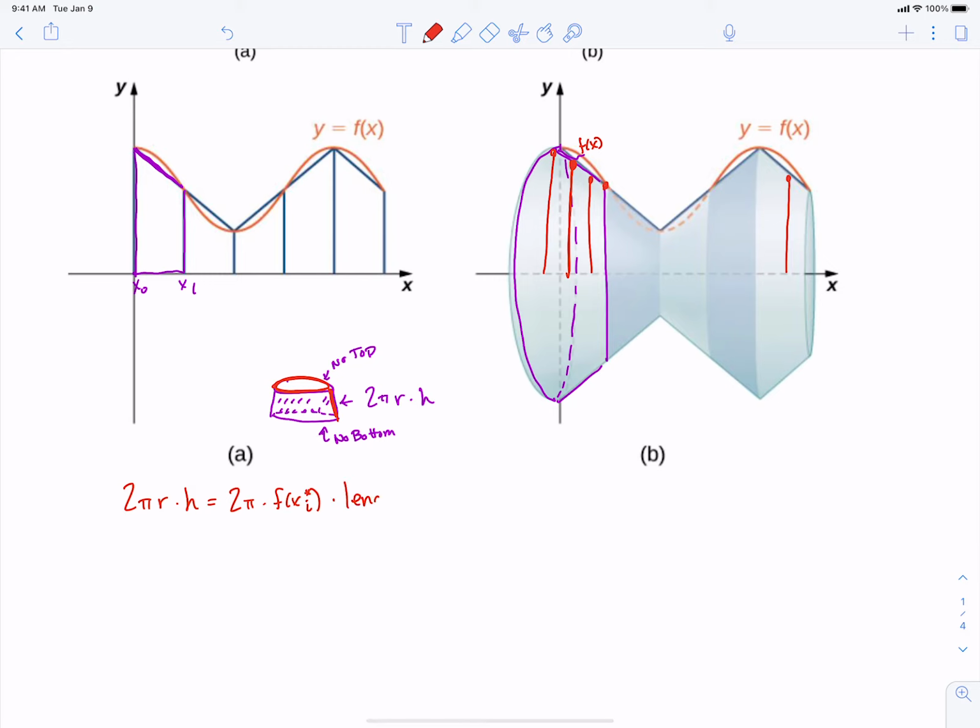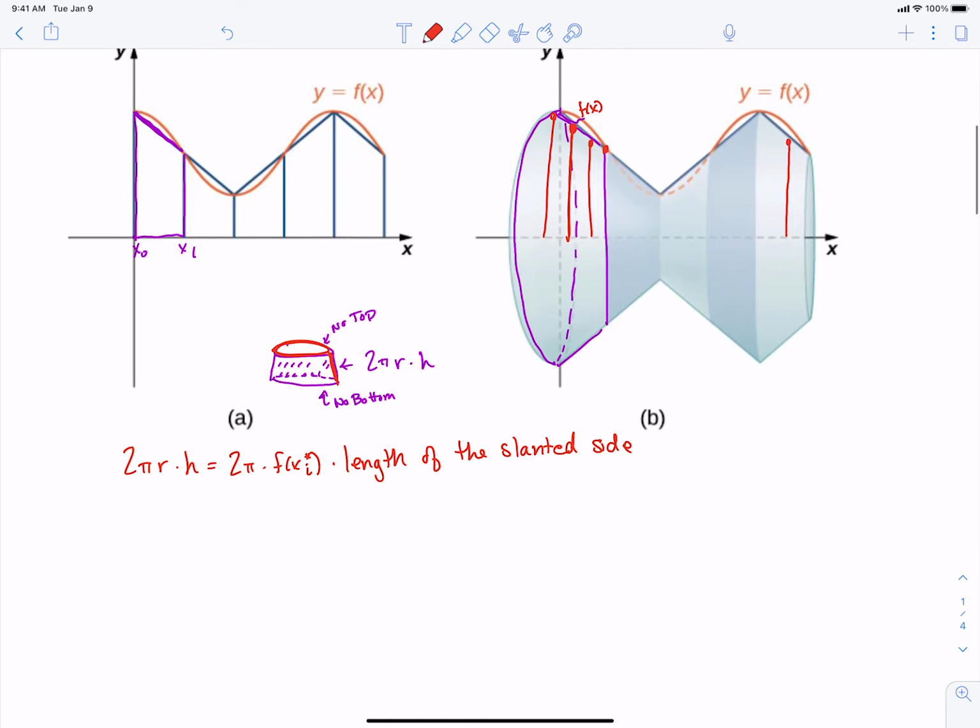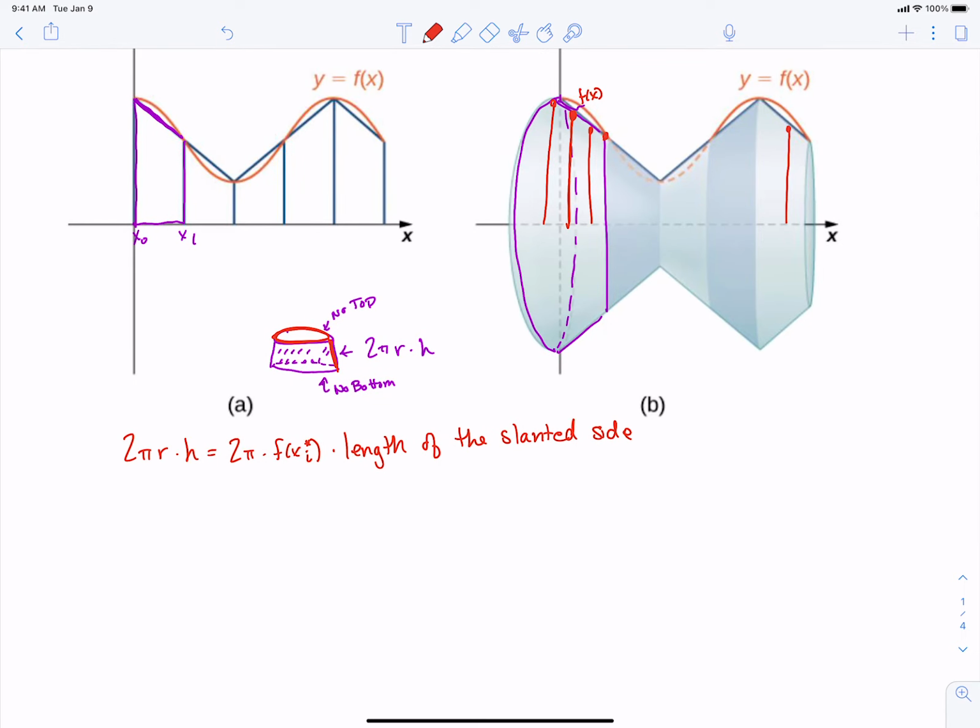And then we're going to have the length of the slanted side there. And we can get that from our arc length, which we just did in the previous video. Let me not be the red pen anymore. So we'll have 2 pi f of x sub i star. And then the length of our slanted side will be the square root of 1 plus f prime of x sub i, sorry, again, it keeps dinging there, squared times our delta x.